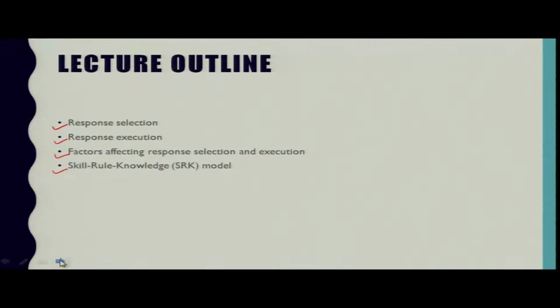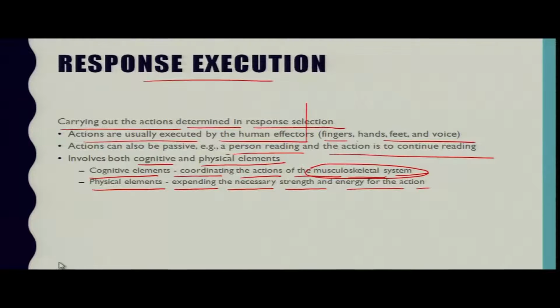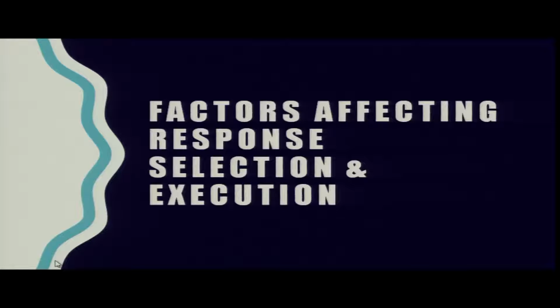The first topic is concerned with the factors affecting response selection and execution, in particular those that affect the speed and ease with which a selection is made in cognitive processing.